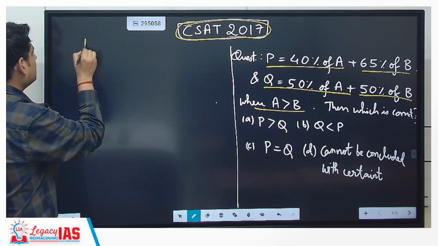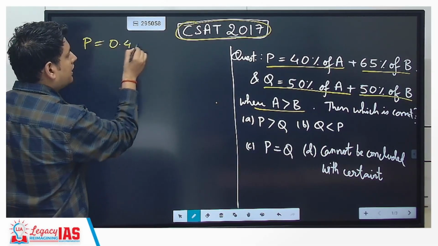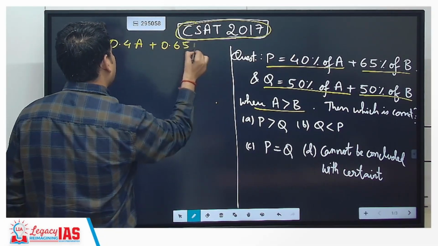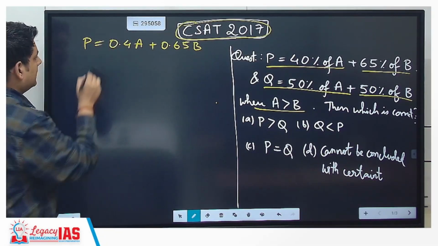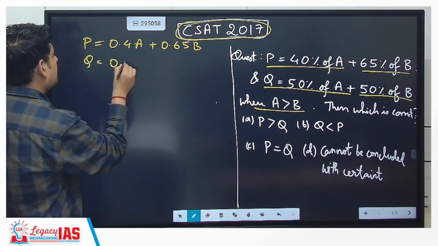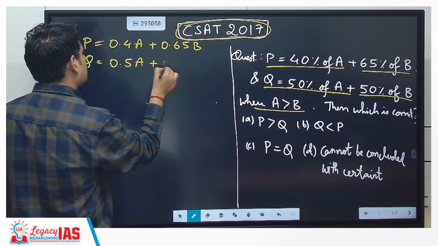So P is equal to 0.4A plus 0.65B. This is fine. Then Q is equal to 50% of A plus 50% of B. 50% means 0.5A plus 0.5B.